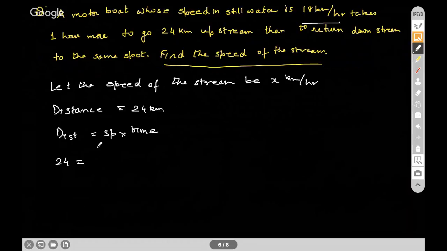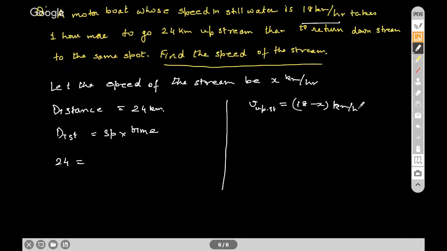So let us write this thing separately. So hence, velocity upstream, that means when the boat is going upstream, the velocity will be 18 minus x kilometers per hour, isn't it?